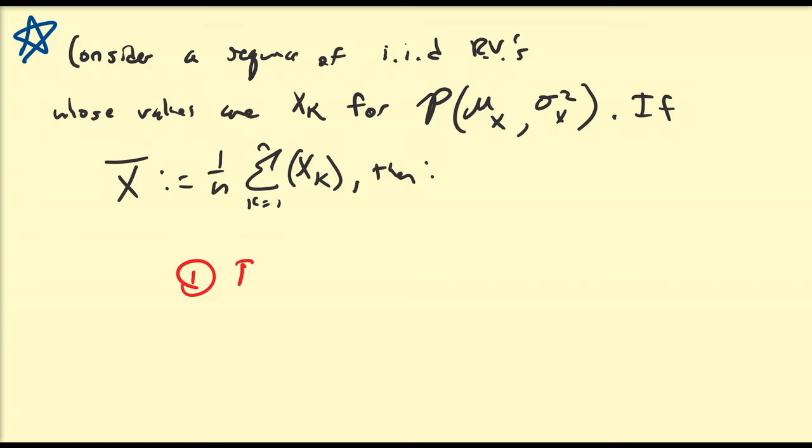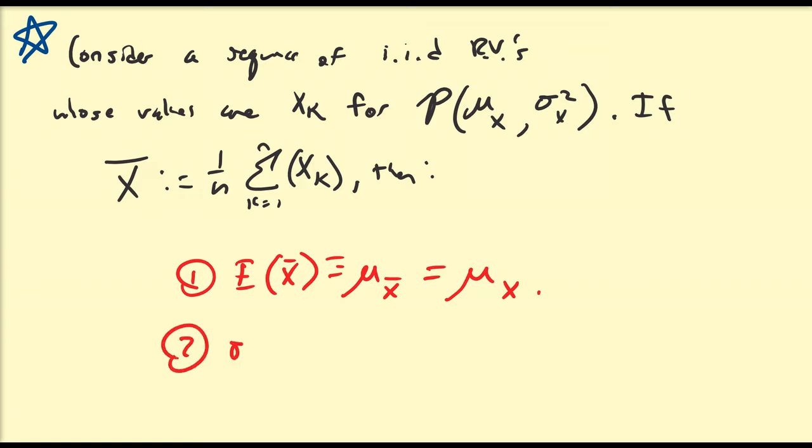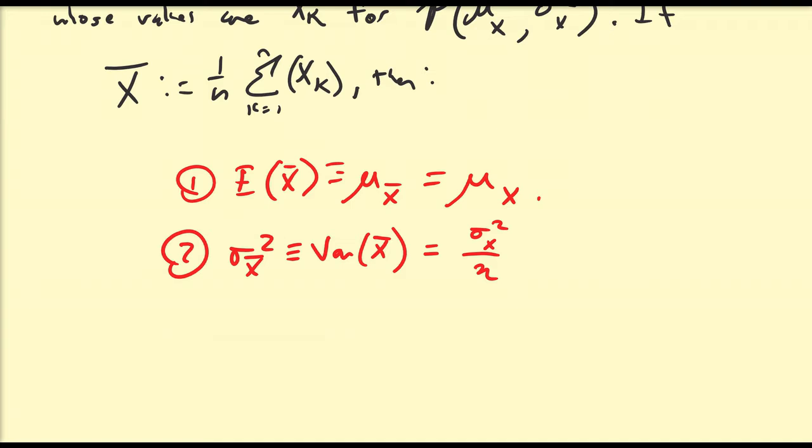So we've already proved that the expected value of this random variable x bar, mu_x bar, is actually equal to mu_x, the mean of the population. 2, the variance of x bar is actually equal to the variance of the population divided by the sample size, and we've proven these two in the past when we looked at the expected value and variance of x bar.